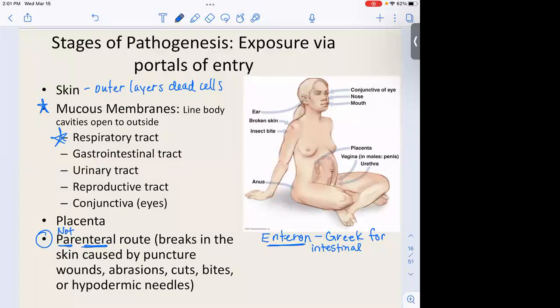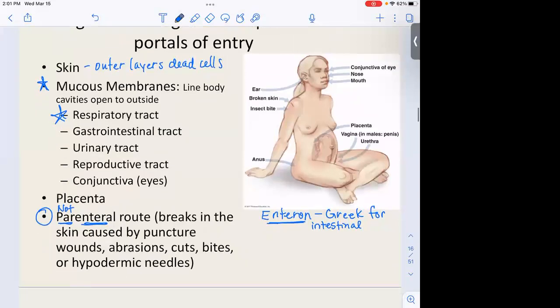All right, so again, like I said, that pathogen usually is specific for one of those portals, and if it's exposed in another way, then it probably wouldn't make us sick.